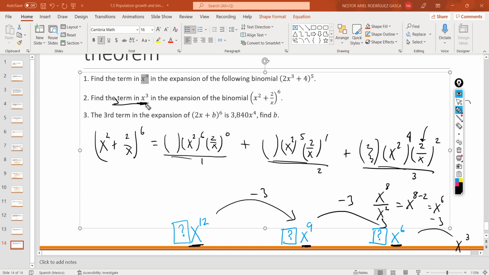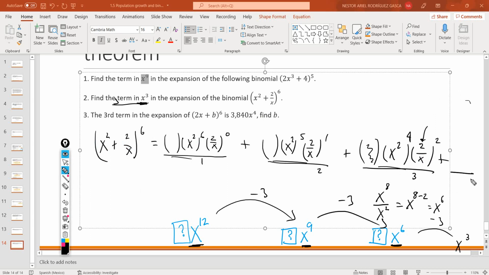The term in x to the cube is going to be the 1, 2, 3, the fourth term in the expansion of this binomial. That's the one that I'm looking for, the fourth term. That's going to be the term whose variable part is x to the cube, and therefore that is understood as the term in x to the cube.